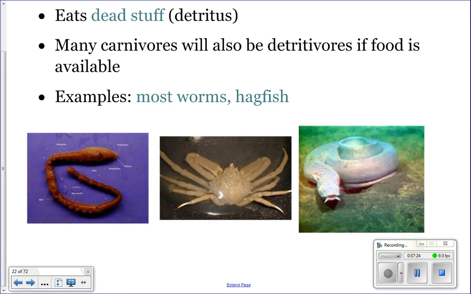Crabs are detritivores, so they'll hunt and kill things, but then if there's something that dies, they'll eat that too. And then hagfish, we'll talk about hagfish when we talk about the deep sea. When a whale dies and it falls to the bottom, hagfish are one of the main things that eat the dead whale. And we'll actually watch a movie about that too. So those are examples of detritivores, scavengers. They eat dead stuff.